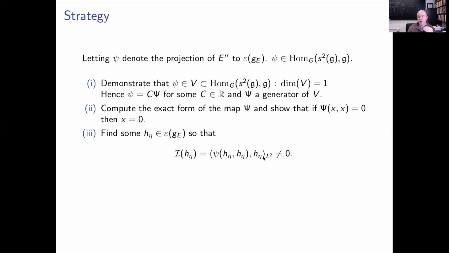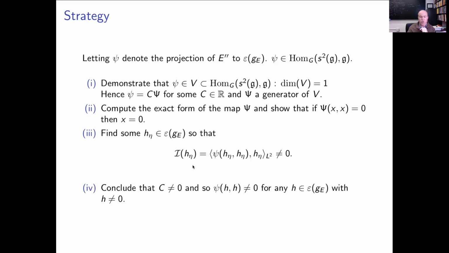Well, because it's not 0 for this explicit choice, you can conclude that c is not 0. And so if c is not 0 and the generator is not degenerate, you can conclude that this must be non-zero for all inputs, for all EIDs. And therefore you can prove that Koiso's obstruction never vanishes. And that's it, you're done. You've shown that the metric is rigid.